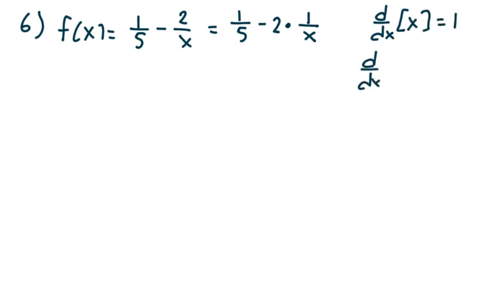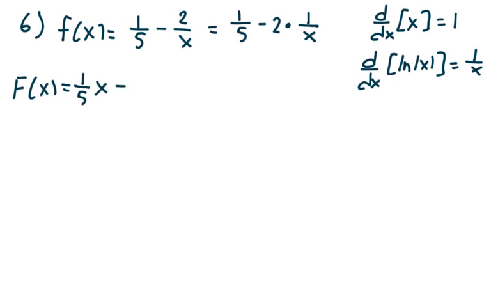The derivative of the natural log of the absolute value of x with respect to x is 1/x. And so capital F(x) is going to equal (1/5)x − 2 ln|x| + C. And that's the most general antiderivative.